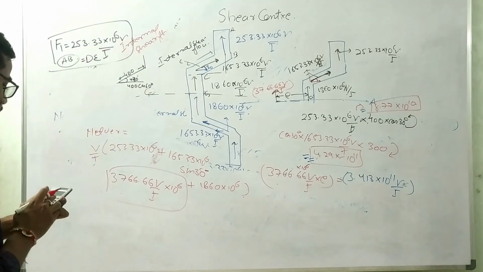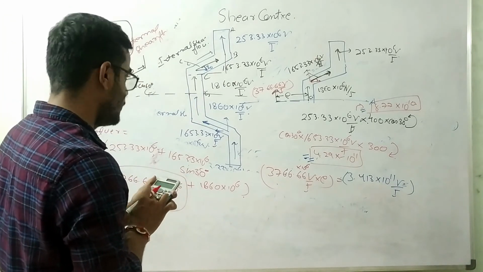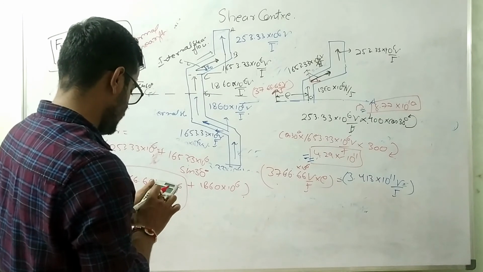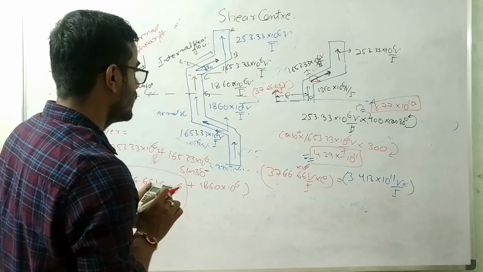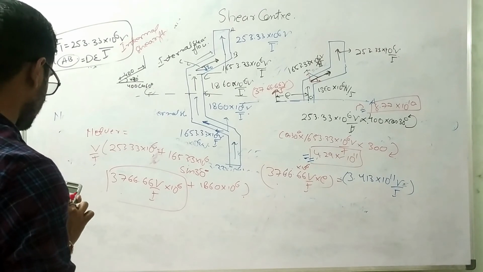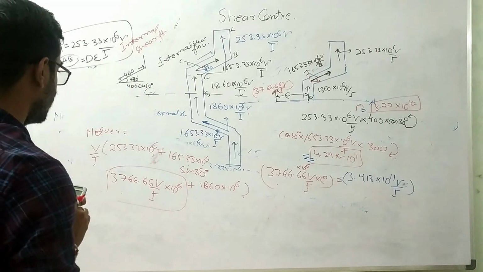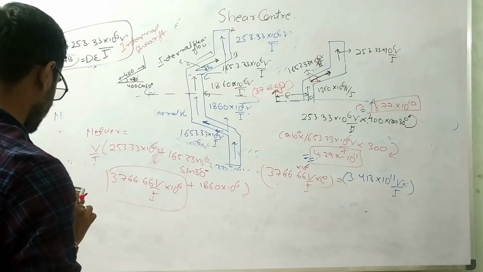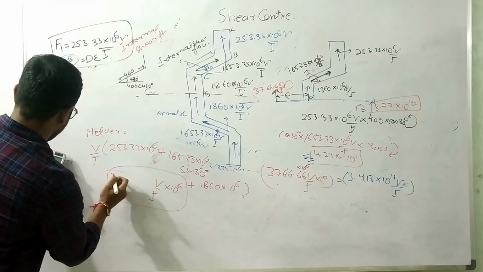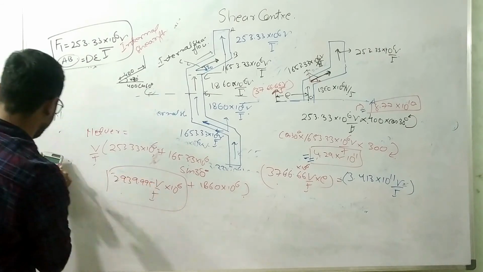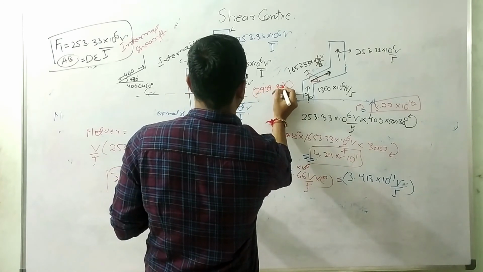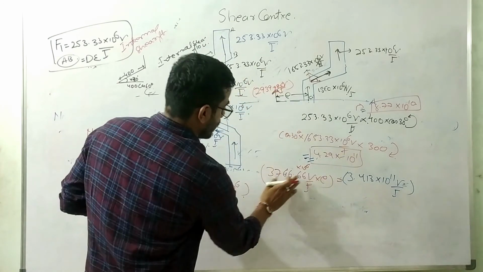There is some mistake, it is 4.29. Just 3.413, okay, this is fine. Then this is 2939.995.